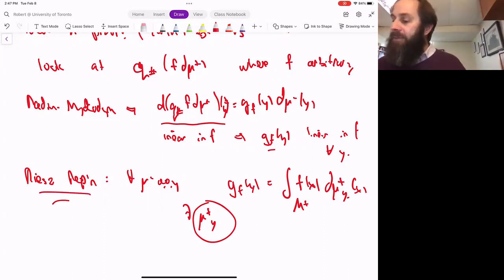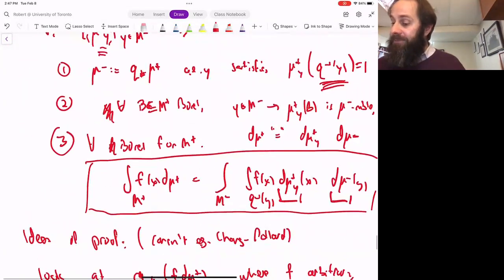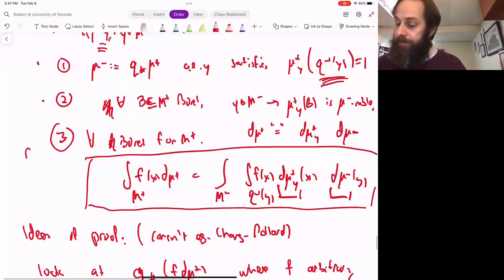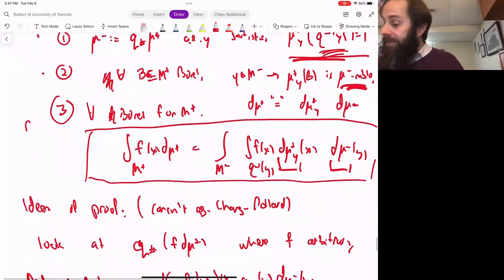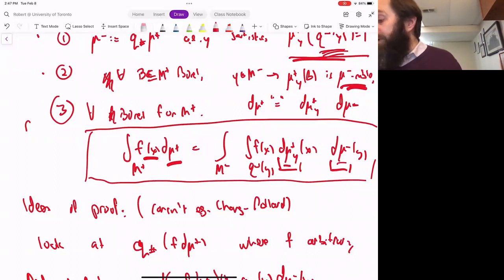And then once you have them, you have to go check that they satisfy the three criteria that we wanted. So it really is supported on the preimage under Q of that Y. It has the right measurability properties, and when I integrate an arbitrary test function against mu plus, I can get the value by integrating against mu plus Y and then averaging over mu minus.